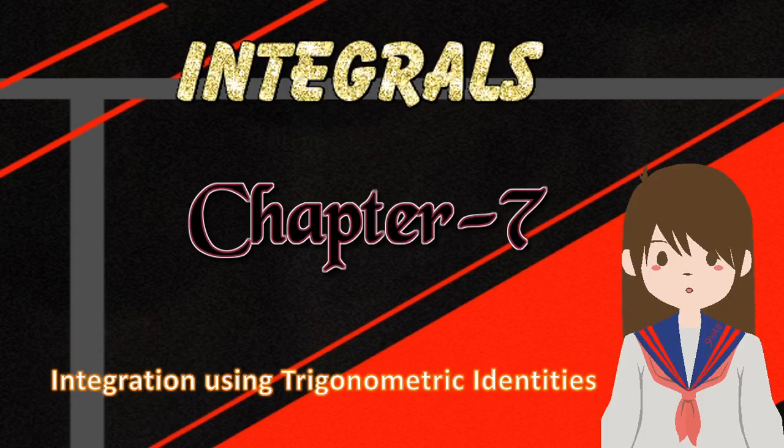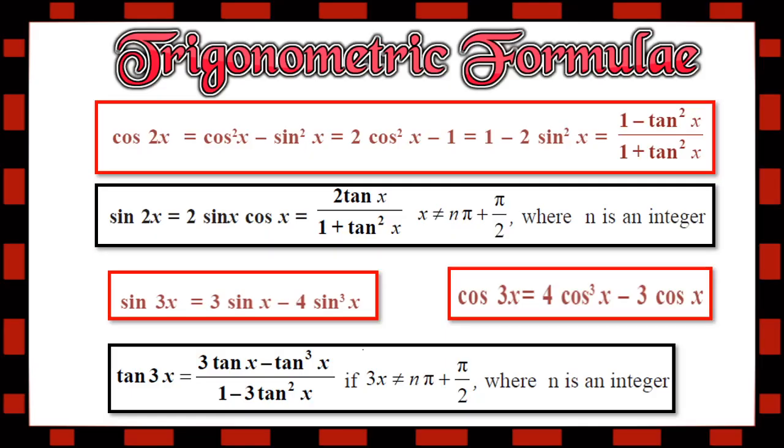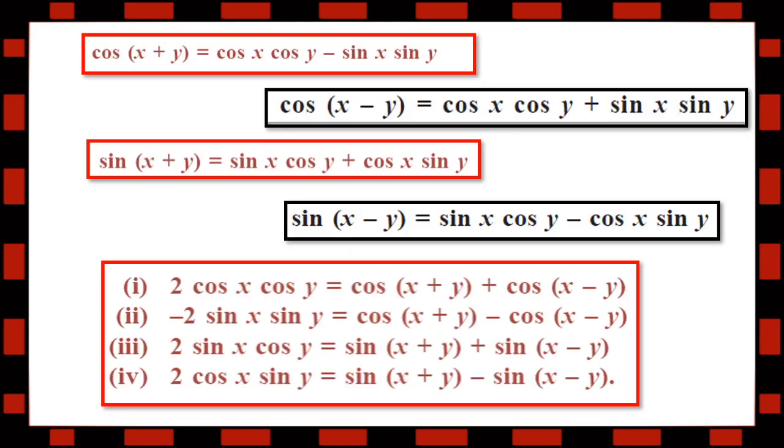We were doing chapter number 7, Integrals, in which we have already discussed how to find integrals using the substitution method. Today, going forward, I will discuss integration using trigonometric identities. Trigonometric identities are not new for you. You have already done these identities in class 11th also.